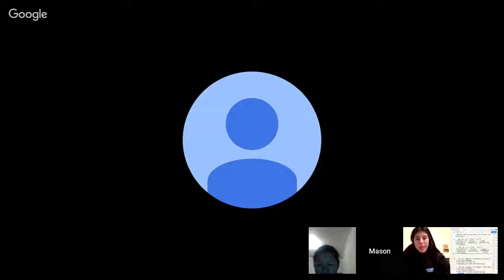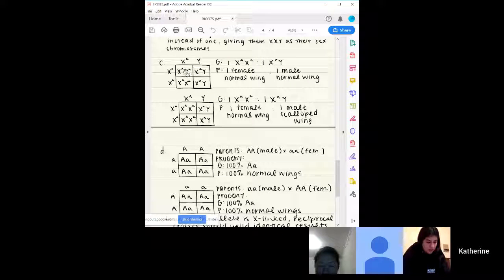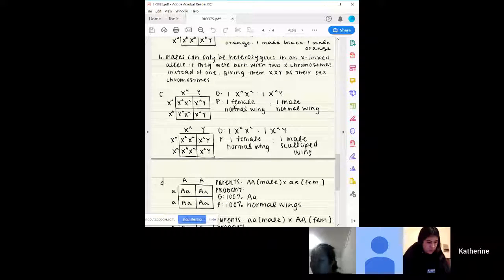So because you're checking it on the X chromosome, you're checking to see if it affects the phenotypes. Oh, like if it affects the autosomes or the X chromosome, right? Yeah. If you guys can see my screen, here for C, I have it written out.